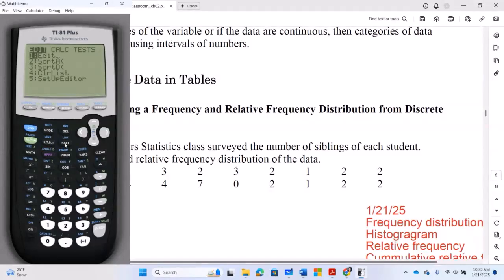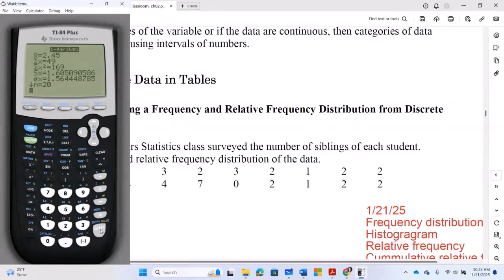So I go to stat, one variable stat, and I'm doing one variable stat of the data in L1. I'm using the raw data because I know the raw data. If I didn't have the raw data, I could have used the grouped data. Do you have a frequency column? No. So I'm going to calculate.